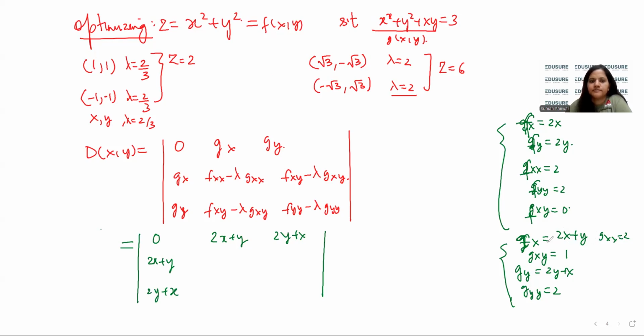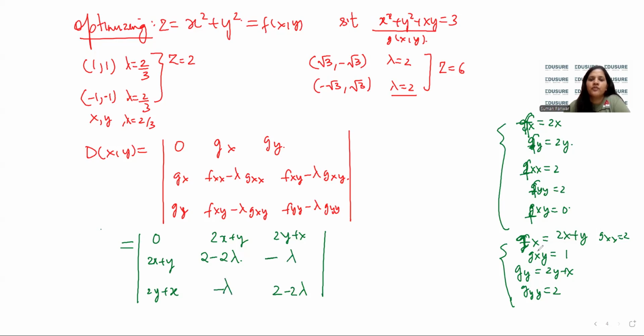So we have 2 minus 2 lambda. And F of yy is again 2 minus 2 lambda, since G of yy is again 2. Now we have F of xy 0, so we will have minus G of xy, which is 1, so minus lambda, minus lambda.